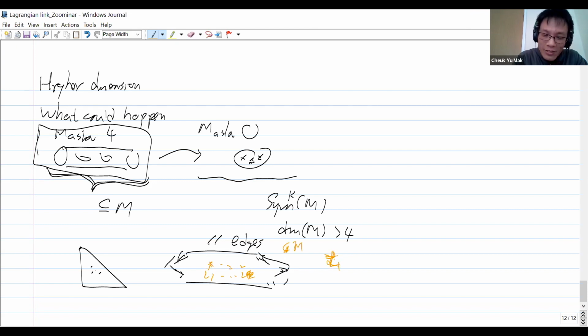M is a four-manifold, and this is the moment polytope of M with parallel edges, and L1 is non-displaceable from the union of the Li.